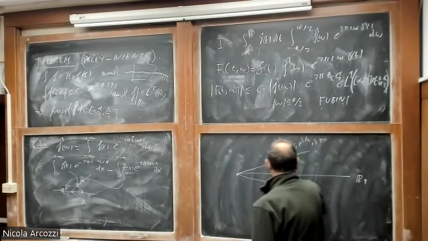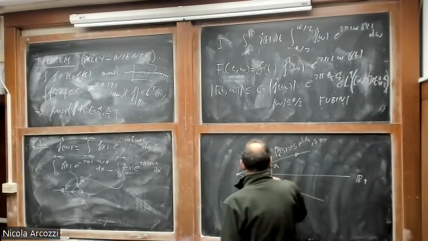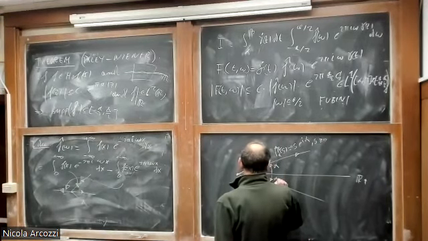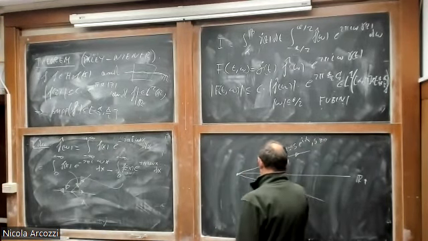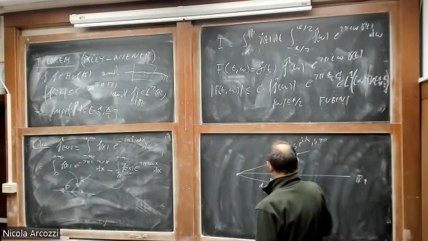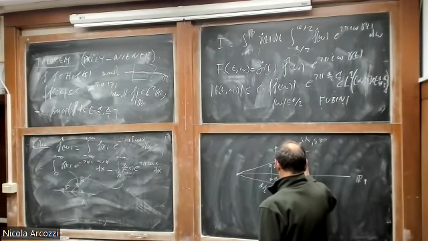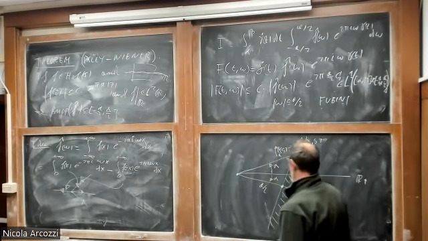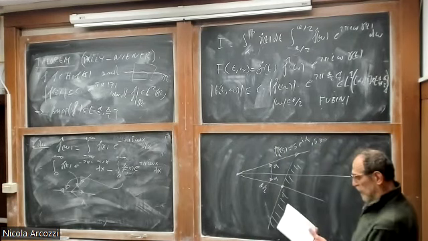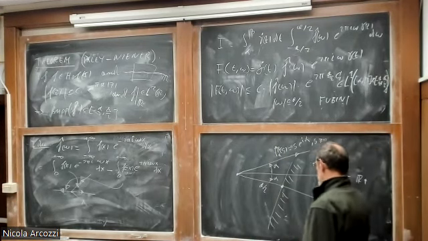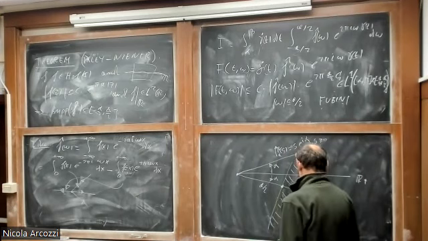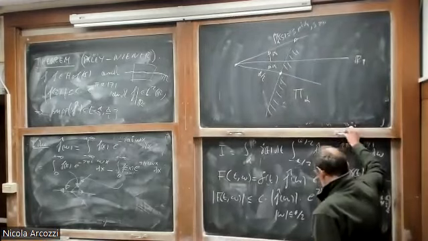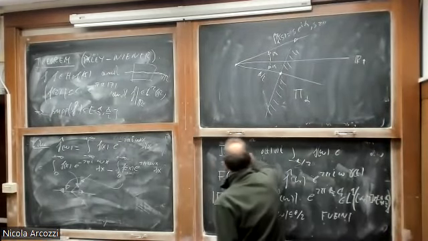And then opposite to that, at a distance a over 2, going negative alpha, at distance a over 2, I consider a half plane, and this half plane I call pi alpha. Why do I need this? So that's the definition.